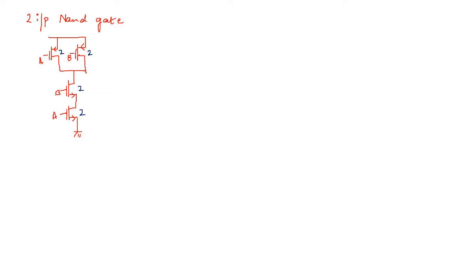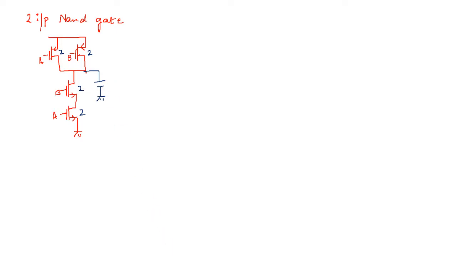So in the linear delay model, we consider the delay only with respect to the output capacitance and not the intermediate diffusion capacitance, right? So now, what will be the output capacitance? The total capacitance contributions are like this: you will have 2C because of this PMOS, 2C because of this PMOS, and 2C because of this NMOS.